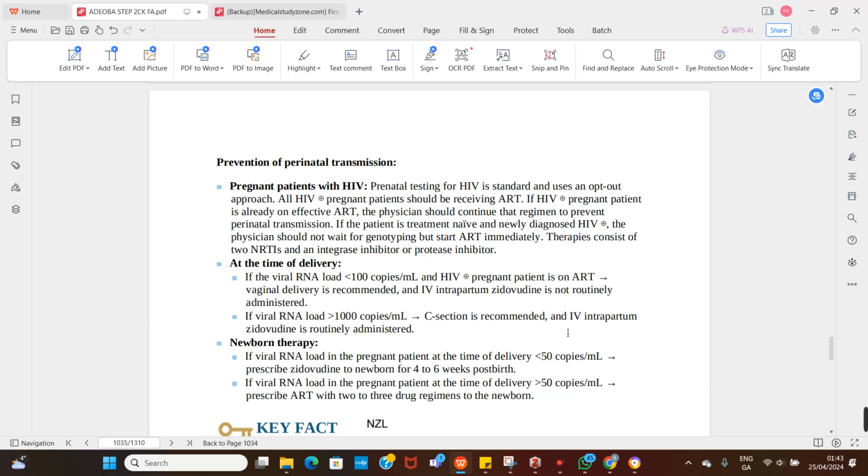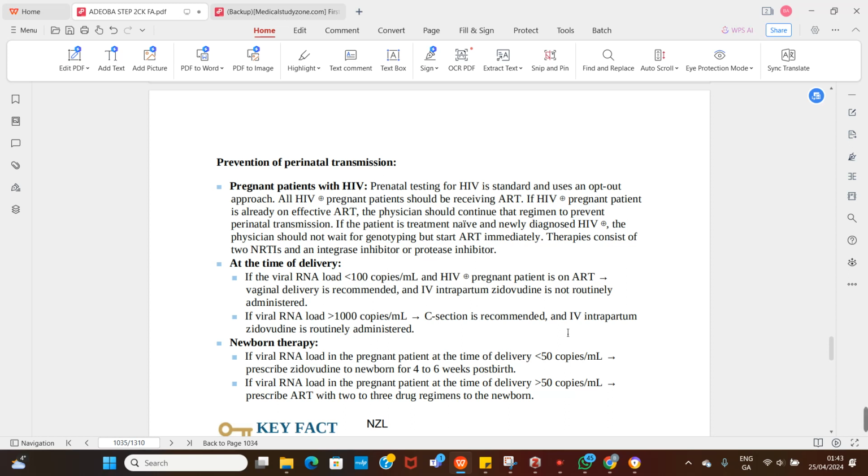Very, very important so that you can limit the quantity of the RNA, the virus, limiting its transfer to the baby. But the fixed point I must always mention is that regardless of the mother's count, when the mother is HIV positive, that baby must take zidovudine. That one is a sure banker. The baby will take zidovudine.